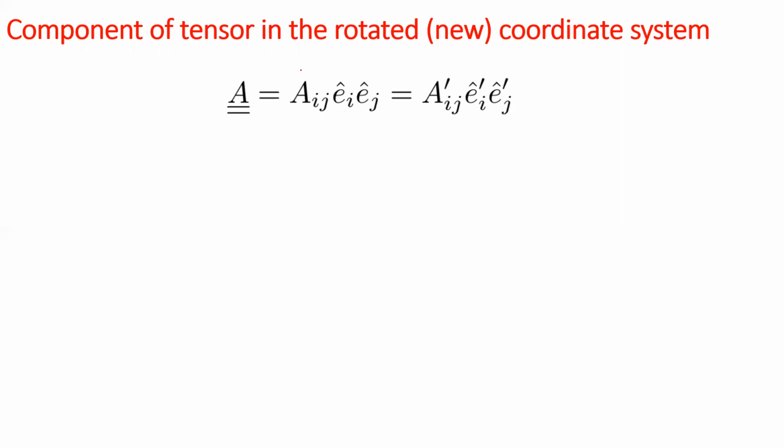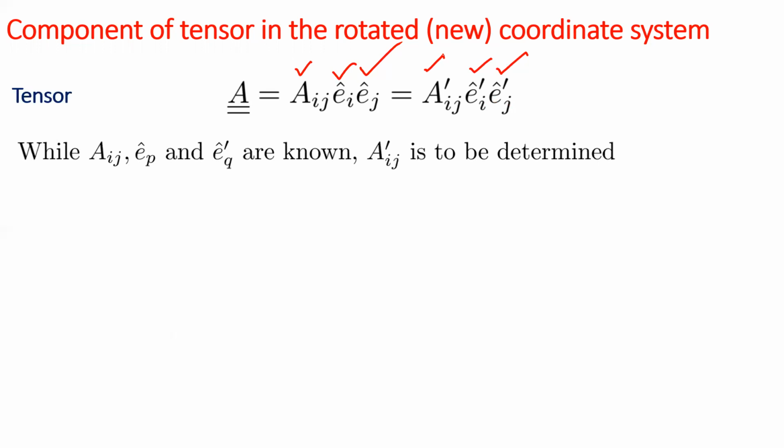We know the original tensor, which means we know all this. And now we have rotated the coordinate system, which means we know the orientation of the basis with respect to the original basis. It's not a new basis. It's just that the old basis vectors have undergone a rotation. So we know EI prime and EJ prime. We need to identify what Aij prime is.